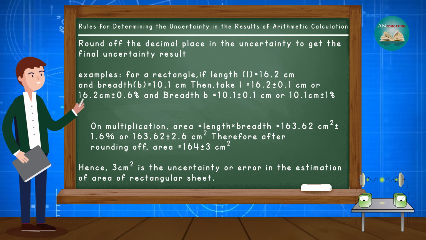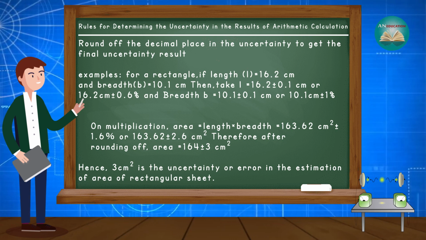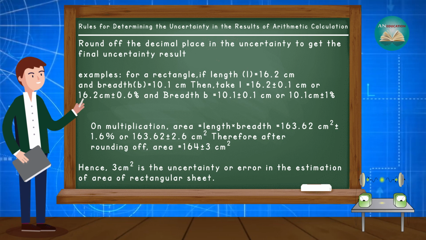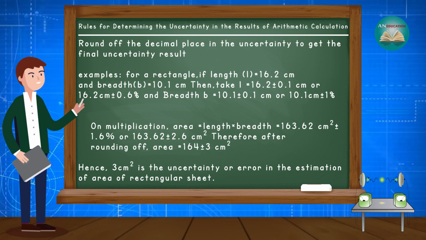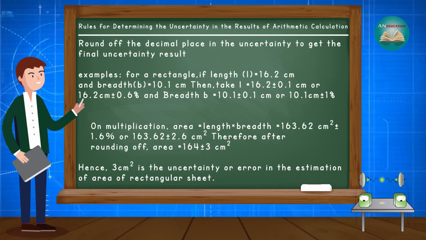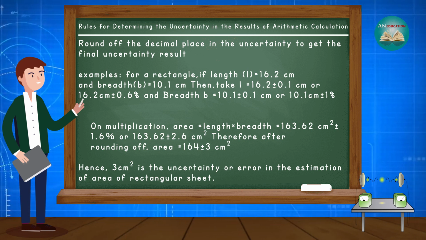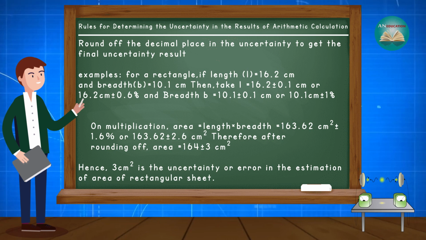On multiplication, area is equal to length into breadth, which is equal to 163.62 centimeter square plus minus 1.6% or 163.62 plus minus 2.6 centimeter square. Therefore, after rounding off, area is equal to 164 plus minus 3 centimeter square. Hence, 3 centimeter square is the uncertainty or error in the estimation of the area of the rectangular sheet.